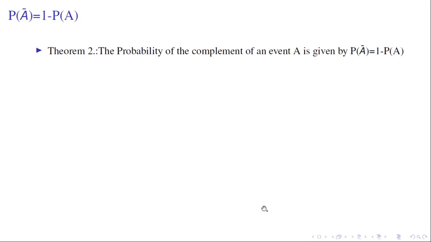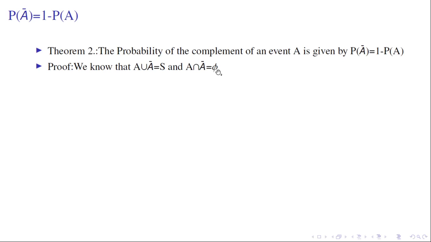Theorem 2: probability of A bar must be equal to 1 minus probability of A. The probability of the complement of an event A is given by probability of A bar equal to 1 minus probability of A. We know that A union A bar is equal to S, the total probability, and A intersection A bar is equal to phi. There are no common elements in A and A bar.